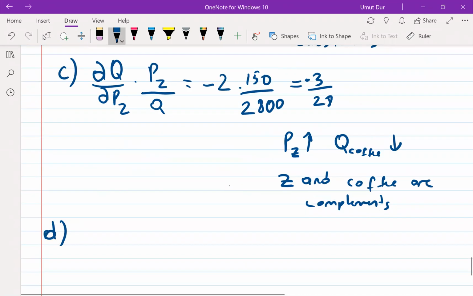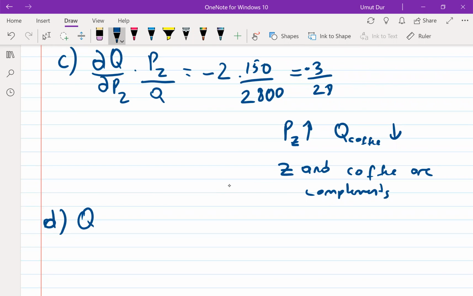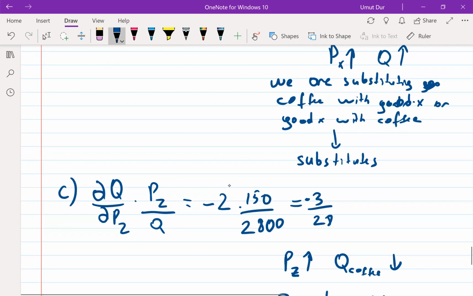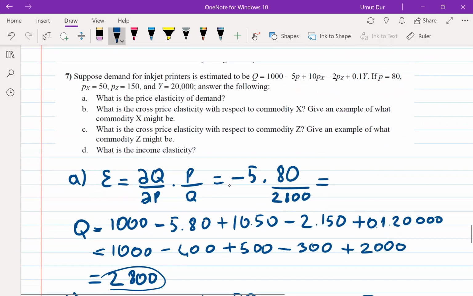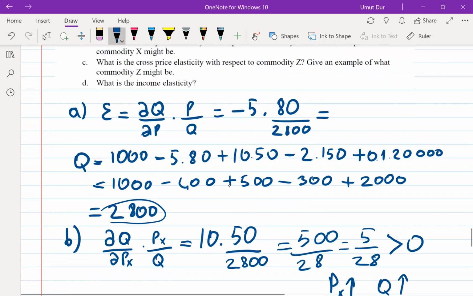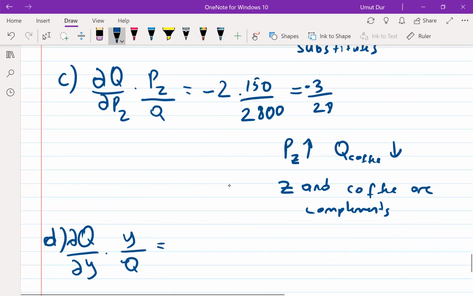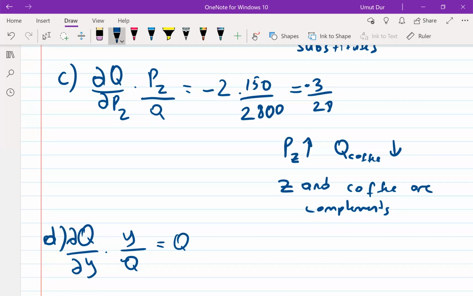The final thing is asking for the income elasticity. The coefficient in front of the income is 0.1, times income, which is 20,000, divided by the quantity.